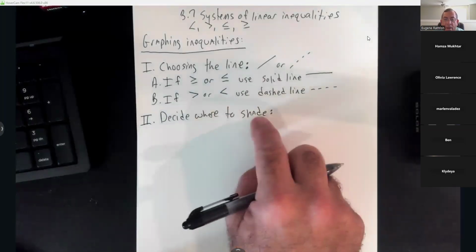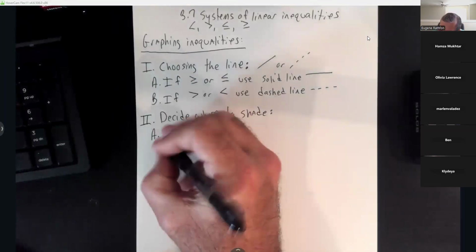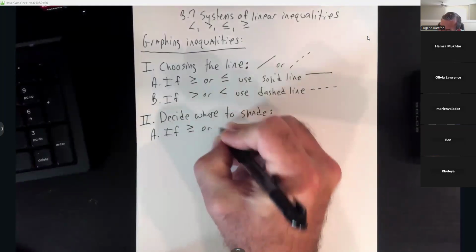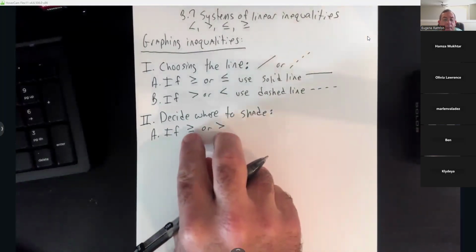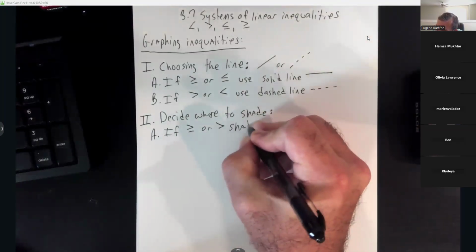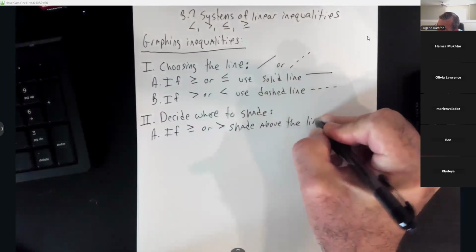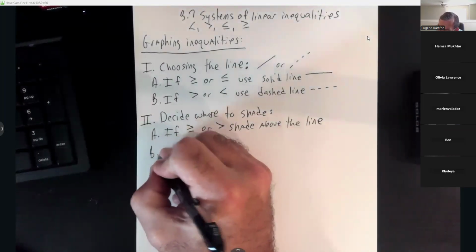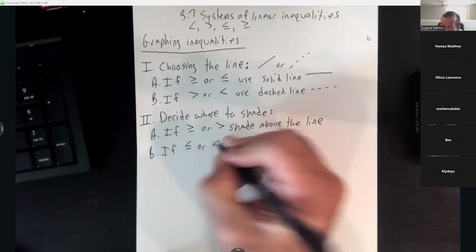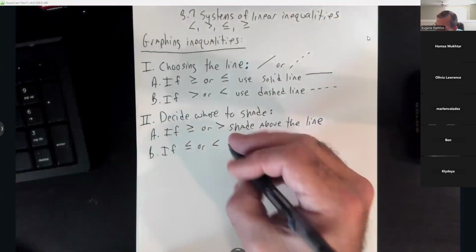So if the inequality is greater than, or greater than or equal, we shade above the line. If it's less than, or less than or equal, we're going to shade below the line.